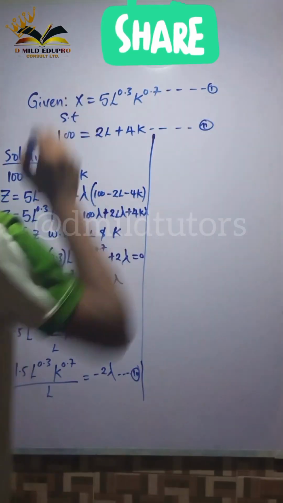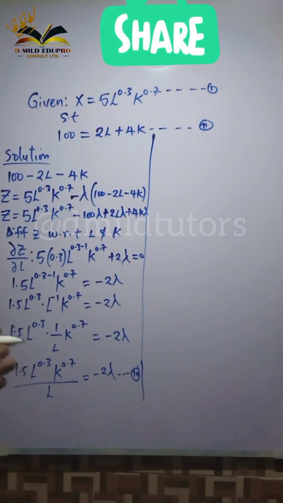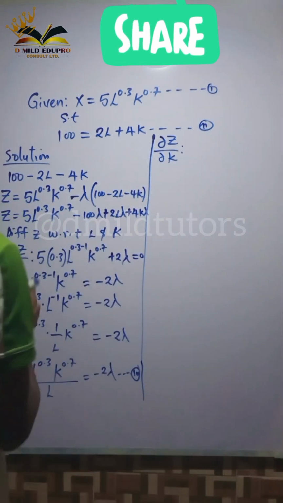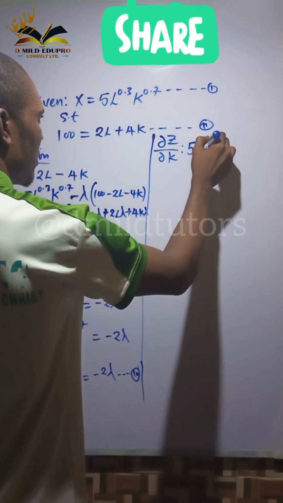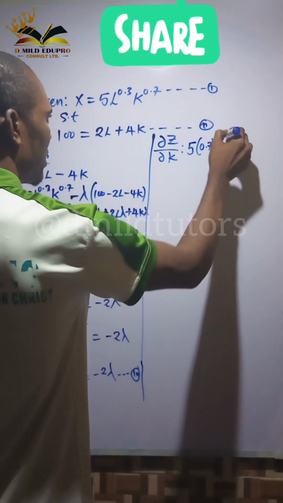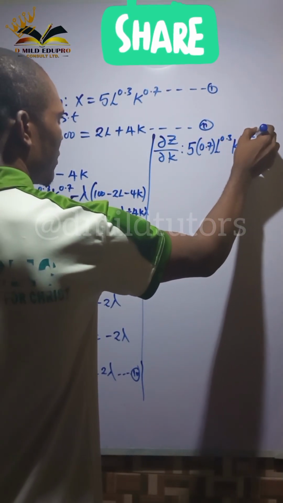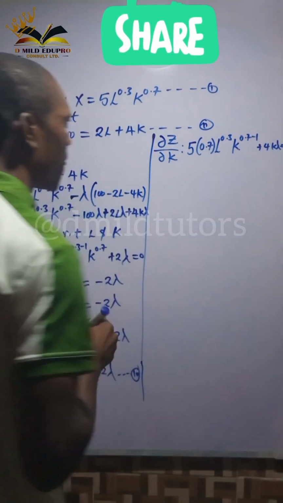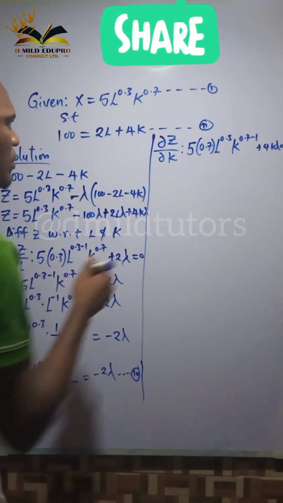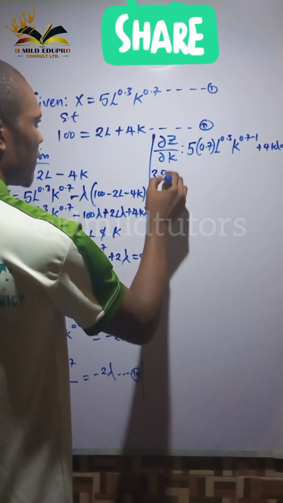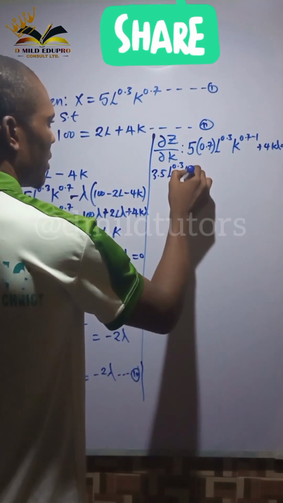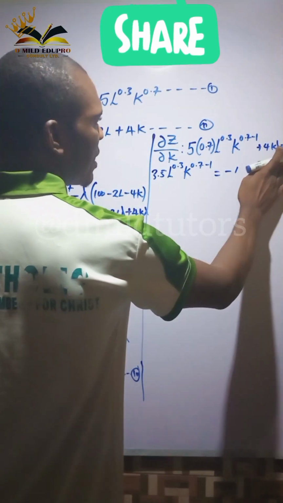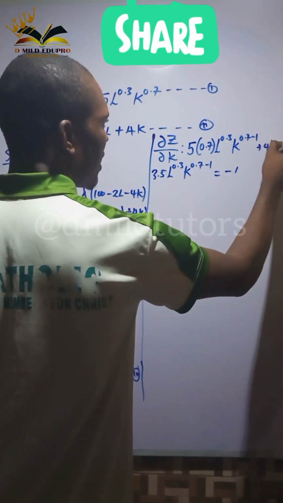All right. So now that we've gotten that, let's now differentiate with respect to K. So we're going to differentiate our Z with respect to K. We'll have 5 into bracket 0.7 L raised to the power 0.3, K raised to the power 0.7 minus 1. Then we have plus 4K lambda equals 0. Now, always equal to 0. So this becomes, if you multiply these two, you have 3.5 L raised to the power 0.3, K raised to the power 0.7 minus 1 equal to minus, the K is out, sorry, 4 lambda equals 0.